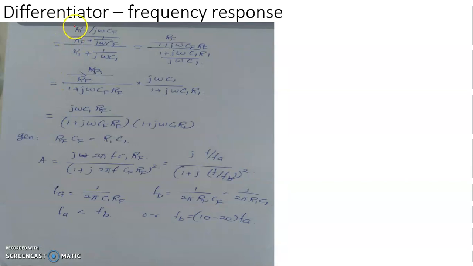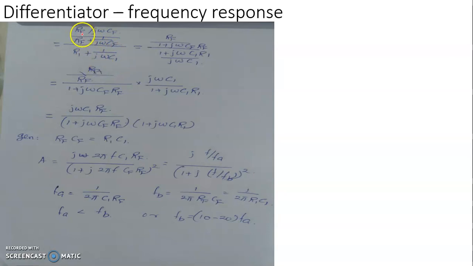In the feedback path, you have a resistance and a capacitive reactance in parallel. The effective impedance is the product of the two divided by their sum. The product is RF into 1 by j omega CF, divided by the sum, RF plus 1 by j omega CF, divided by, in the input, the series combination of R1 and 1 by j omega C1, whose effective is R1 plus 1 by j omega C1. You cross multiply the numerator and denominator.